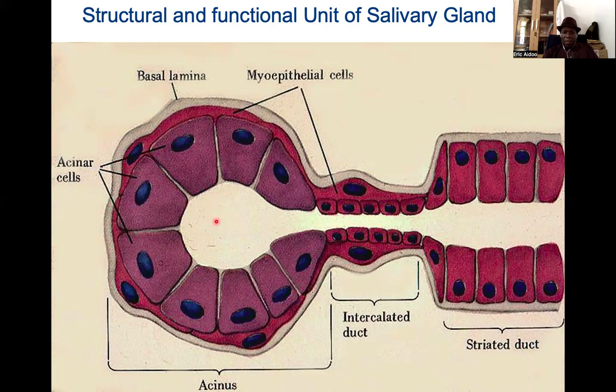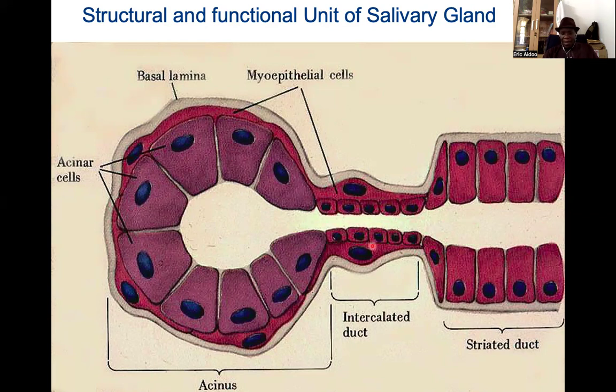Then you have this lumen. Any product that is secreted by these cells will be pushed into the lumen here by contraction of the myoepithelial cells. Once they have nowhere else to go because of the contraction, they will be forced to pass through this lumen towards the outer portion.